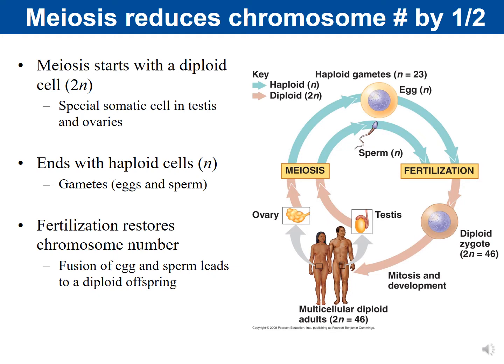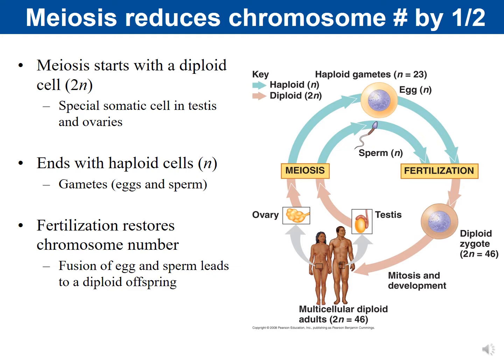So in order to keep the number of chromosomes constant, in reproductive cells, we need to reduce chromosome number in half, so that when fertilization occurs and egg and sperm come back together, we get back to being a diploid zygote. Now, that one cell is going to undergo mitosis, which is what we learned last time.